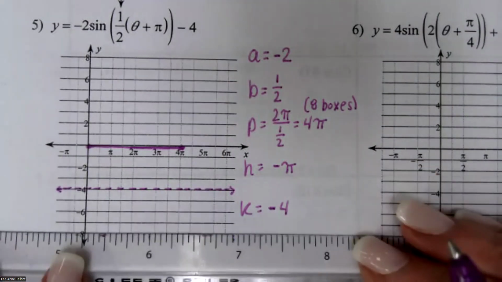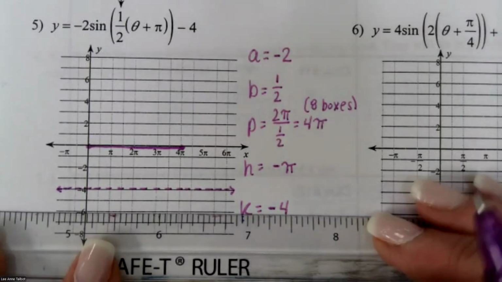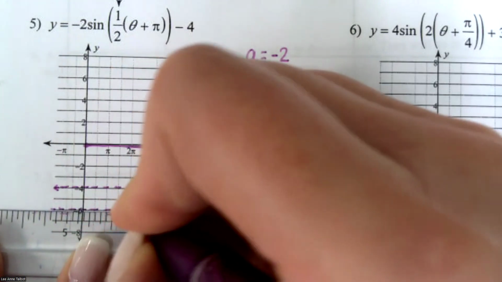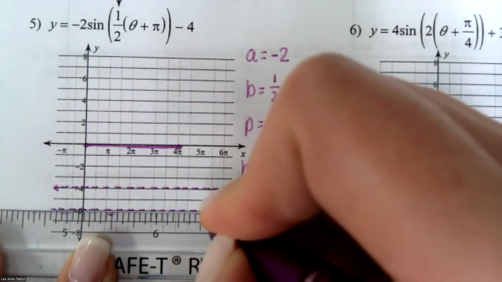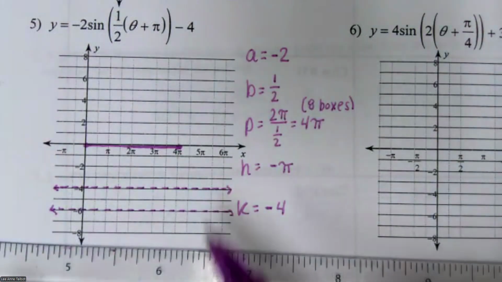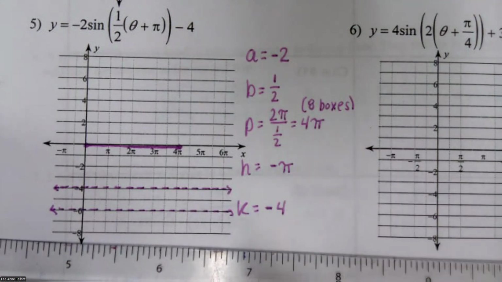And then the amplitude is 2, so we go 2 on either side of that. I just measured how long 4 pi was for the period.